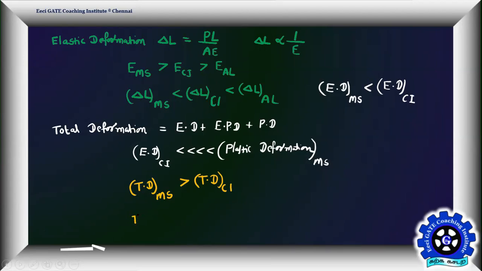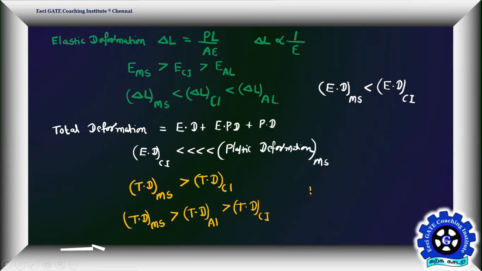So total deformation of mild steel will be higher than the total deformation of aluminum, total deformation of cast iron.